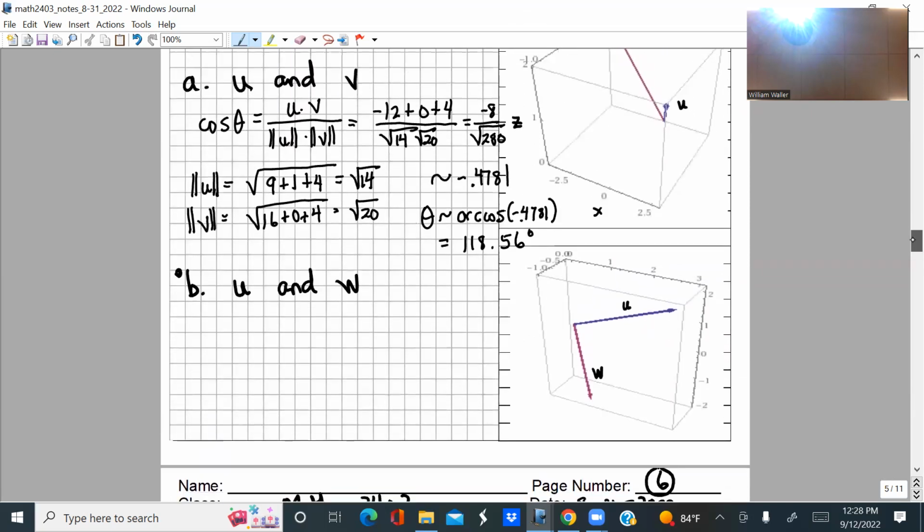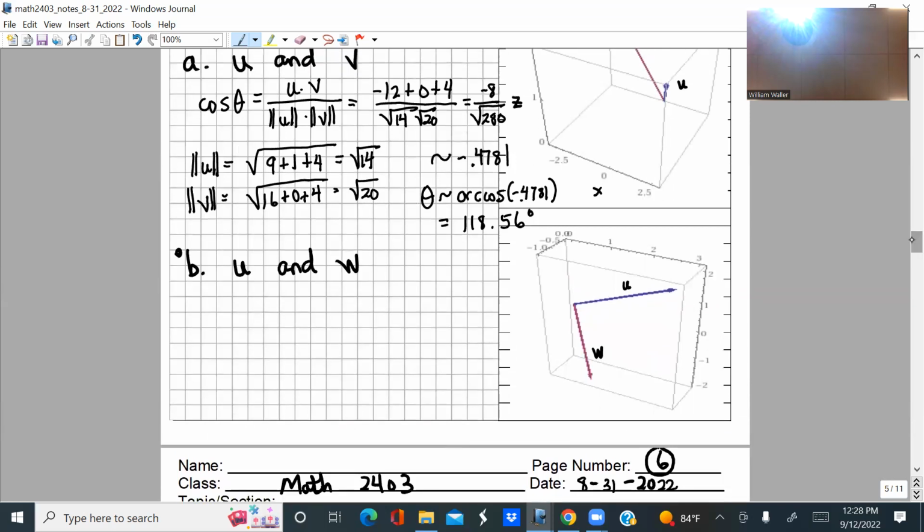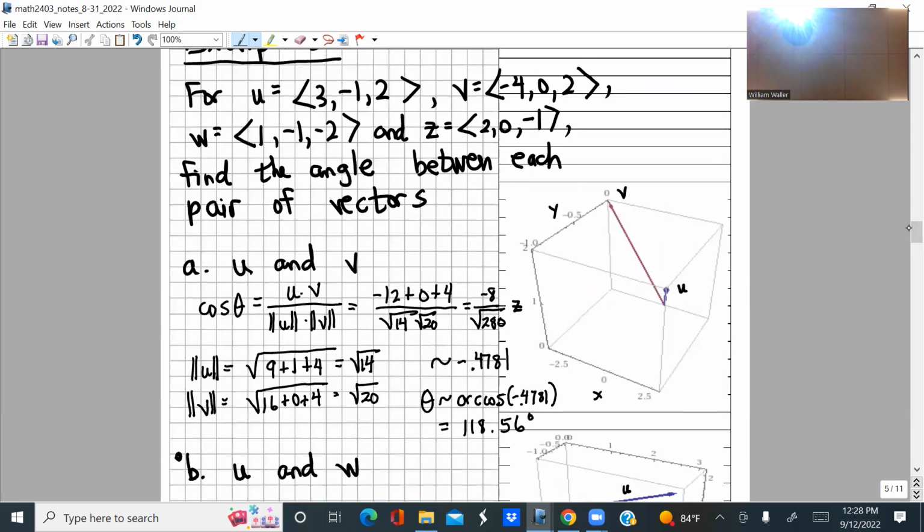These look like they're perpendicular, right? U and W look like they're perpendicular in that picture. So we can test that easily just by doing what? Yeah, so just quickly compute the dot product of U and W and see if it turns out to be 0. Then you know that they're perpendicular, and you wouldn't have to do any more computations.